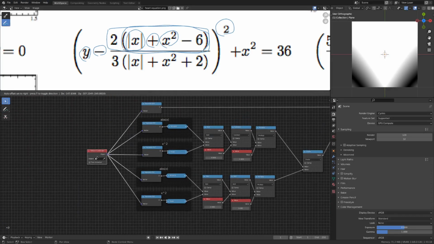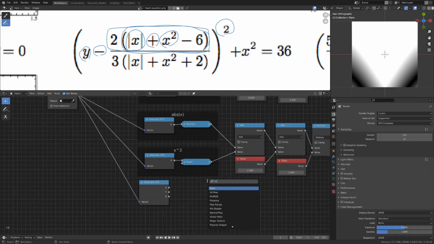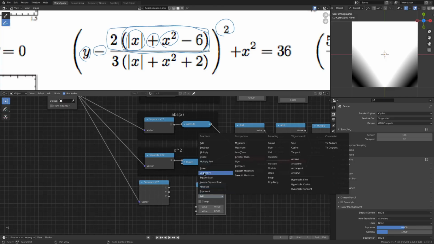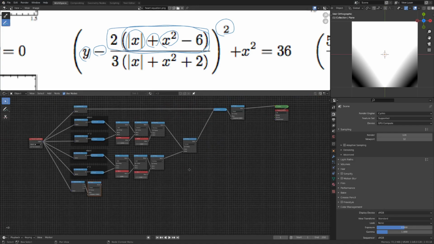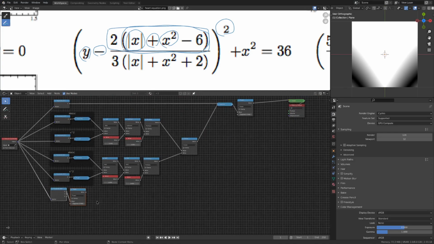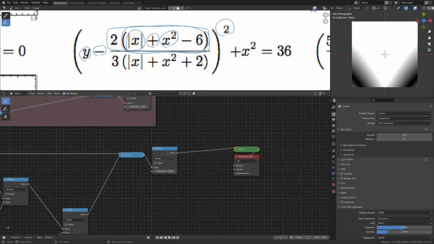So we're going to make another separate XYZ, math power. Oh, we made this x square now, and we are going to add them here.